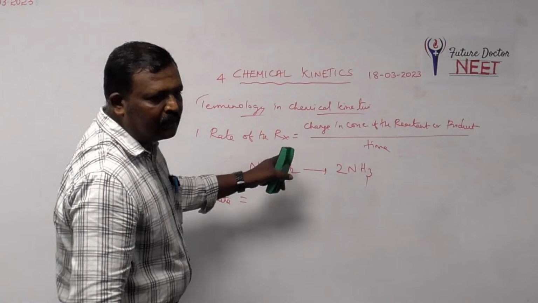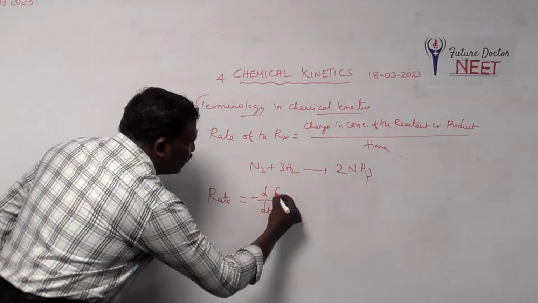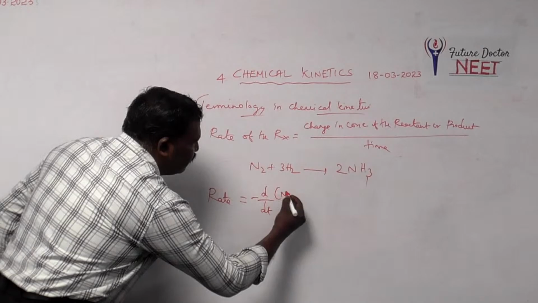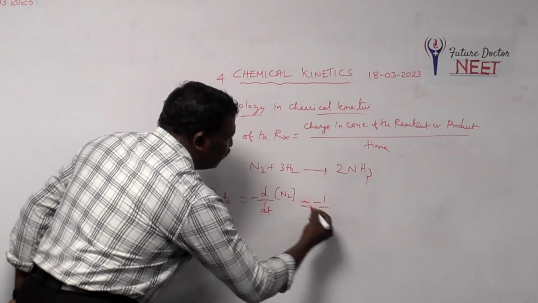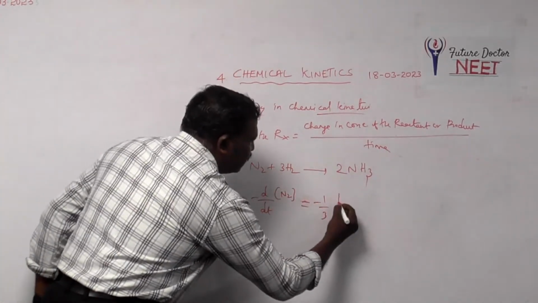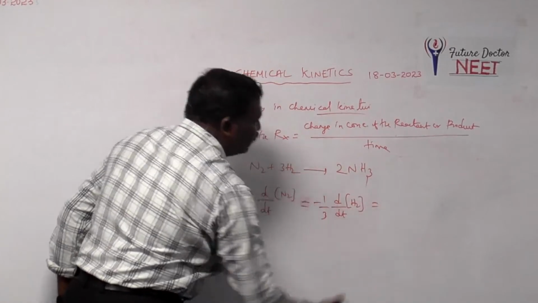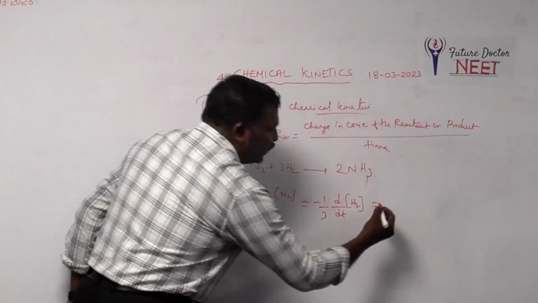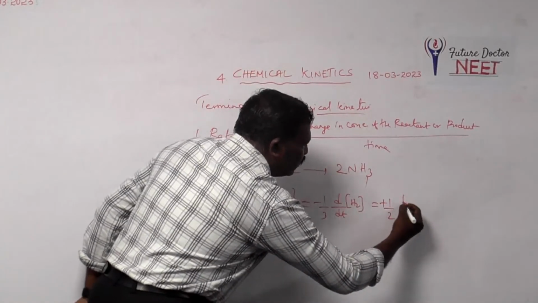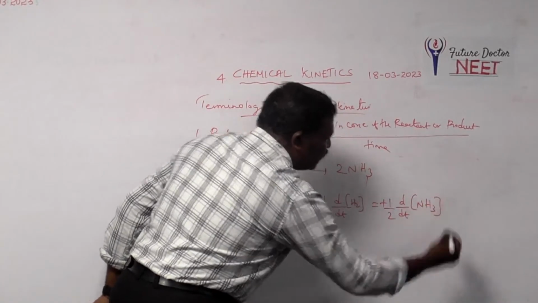Tell me, minus? The coefficient is only 1, no? So leave it. Minus d by dt concentration of N2 is equal to minus 1 by 3 d by dt concentration of H2. On the right hand side you put plus 1 by 2 d by dt concentration of NH3. Understood? Okay, right.